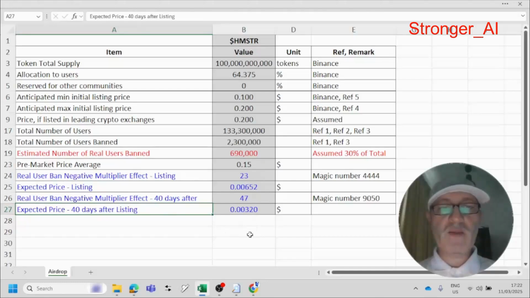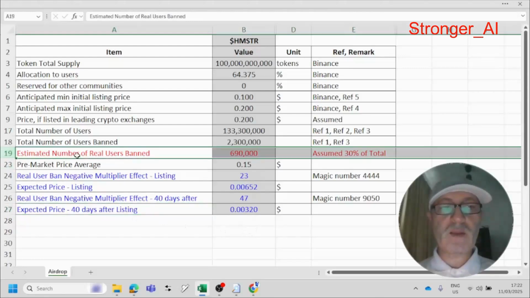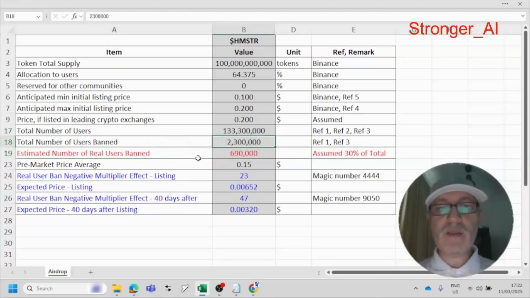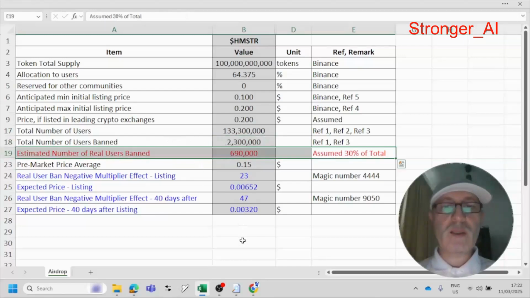I believe the main driver of this drop is this estimated number of real users banned. Because if you remember, Hamster Combat banned about 2.3 million of the users. I assume 30% of the total number of users banned were the real users, and they are banned unfairly.